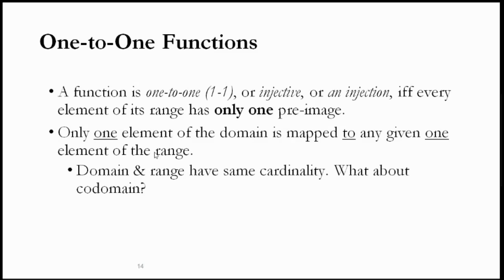Now domain and range have the same cardinality. Then what about the codomain? The codomain may not have the same cardinality as the range. Codomain means all possible outputs, but to which you map is up to the function.